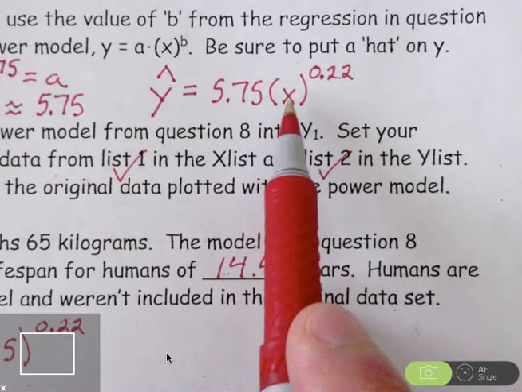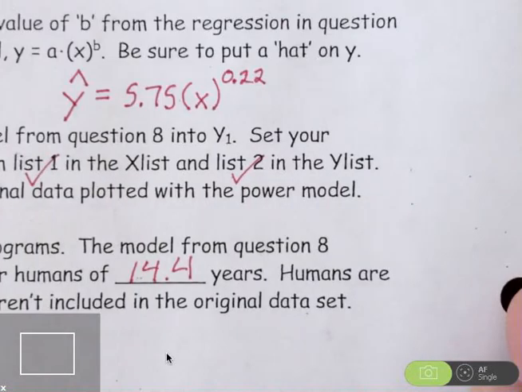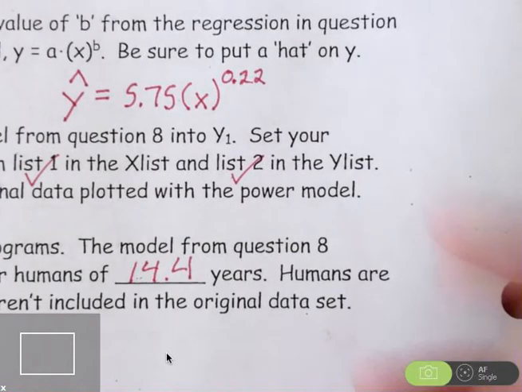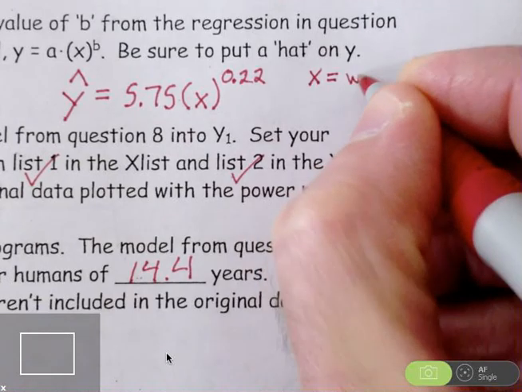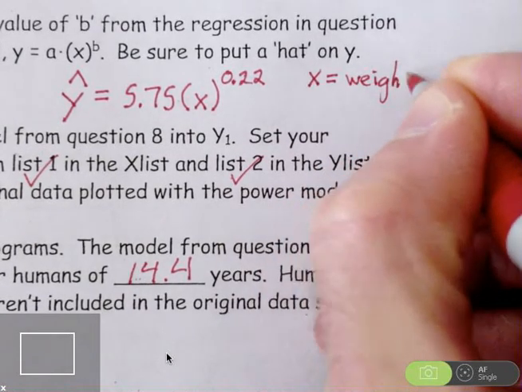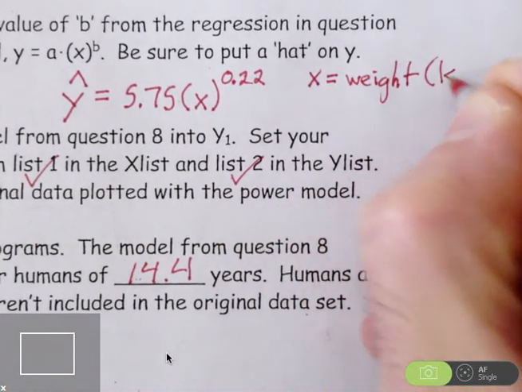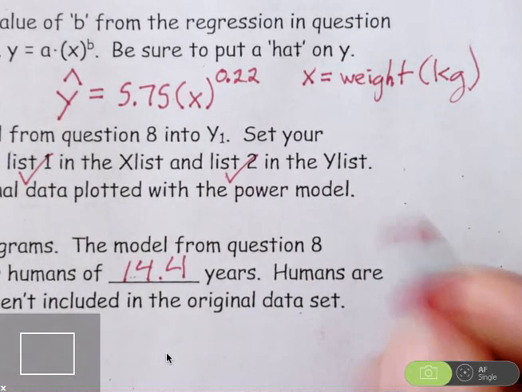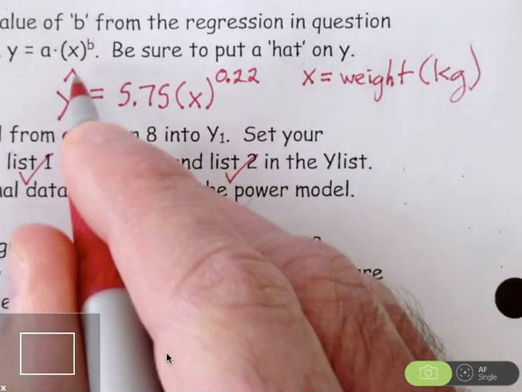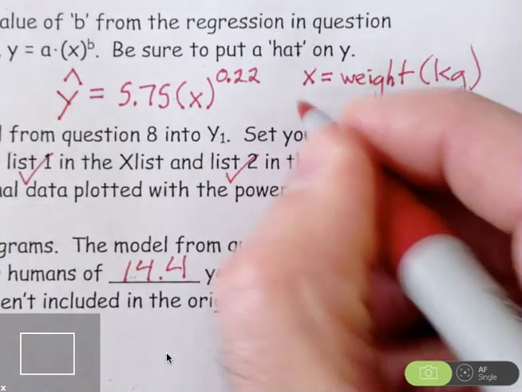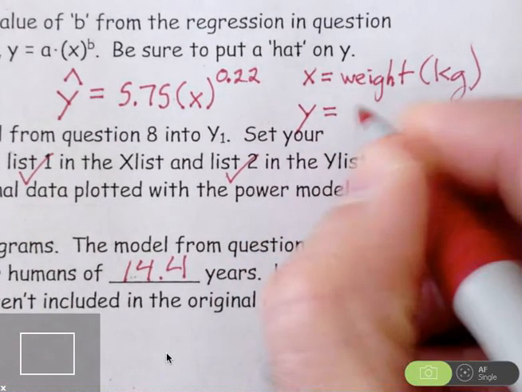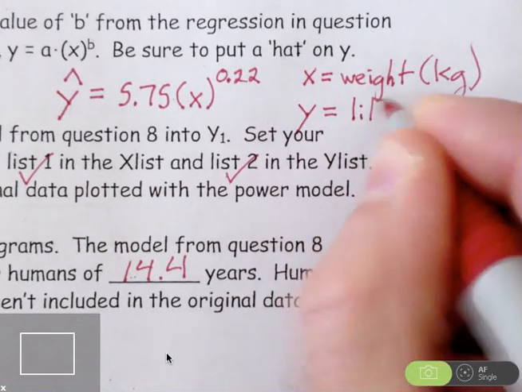I'm sorry, I didn't leave a lot of space to do this. So in this context, x represents weight in kilograms. That would be a good idea to include. And in this case, I've already got the hat on my y suggesting that this model is going to make predicted or estimated y values, but the y's in and of themselves represent lifespan in years.